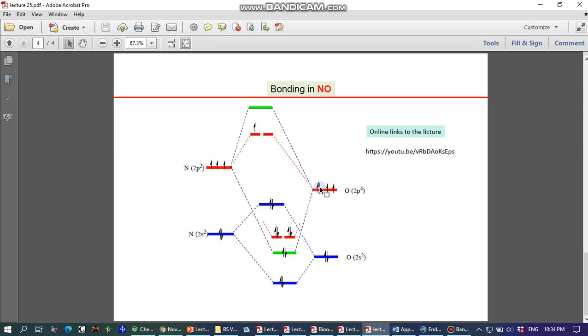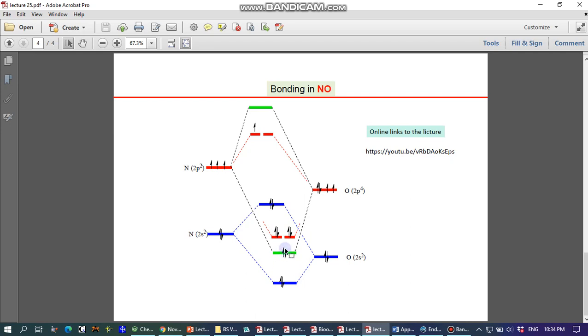While placing 7 electrons in these bonding molecular orbitals, we are sure we can straight away place 6 electrons in these orbitals on the basis of their increasing energy.